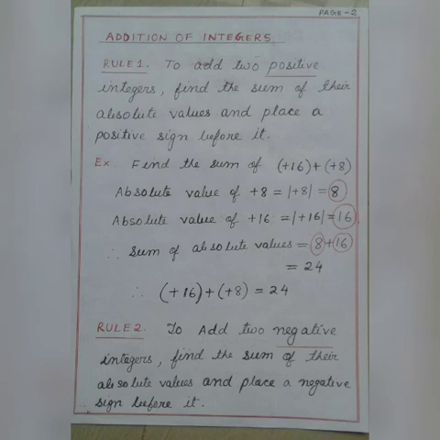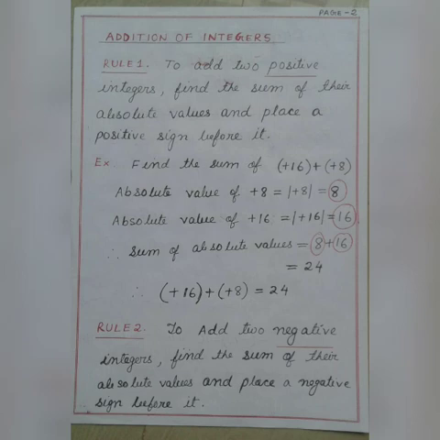Absolute value of 16 is 16. Therefore, the sum of absolute values is equal to 8 plus 16. We have to add the absolute values, which is equal to 24. As the 2 numbers are positive, therefore the answer we get is also positive. So 16 plus 8 is equal to 24, or positive 24.